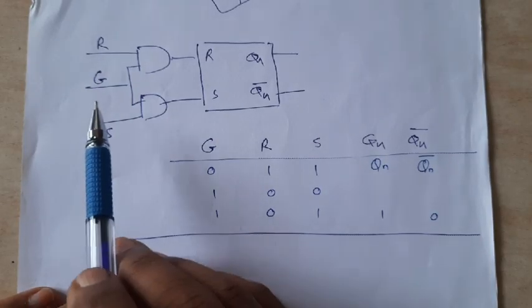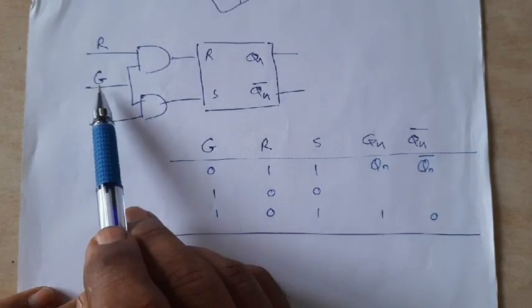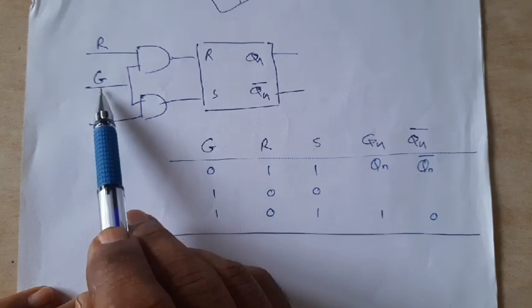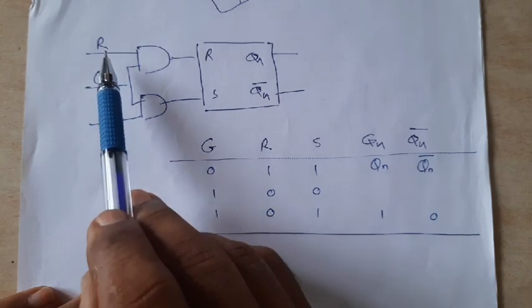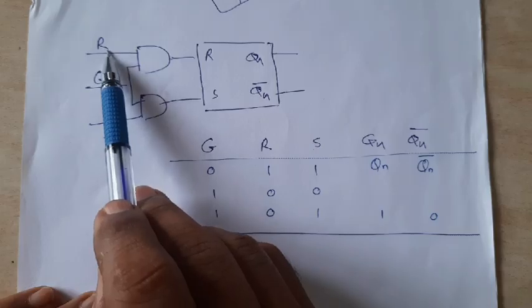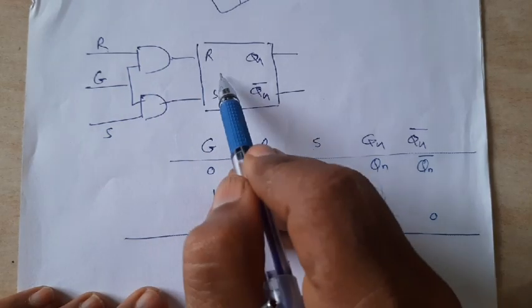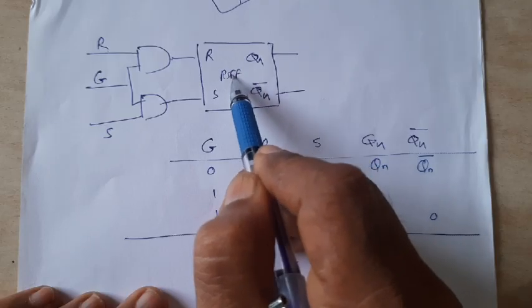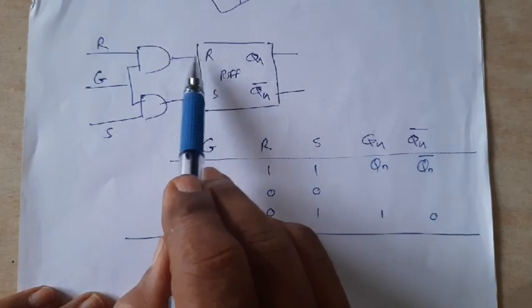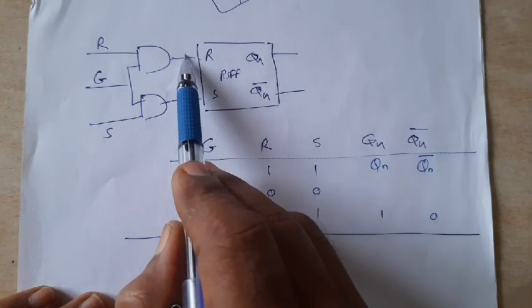Now, when we observe this circuit, you will observe that if G is 0, that is, gate input is 0, then irrespective of R, the R input of the RS flip-flop is 0.